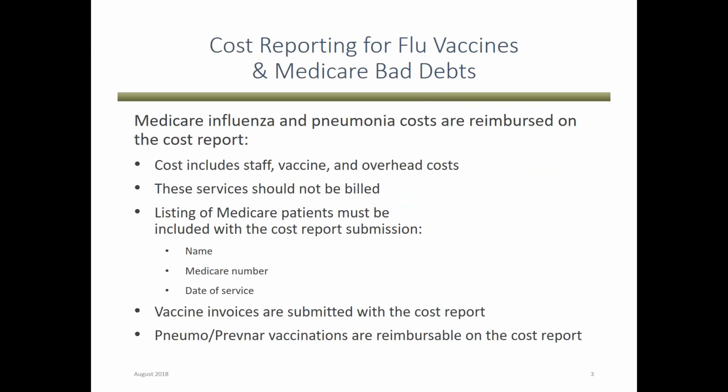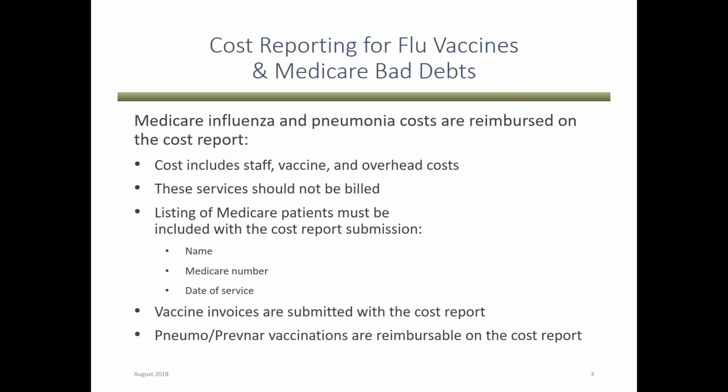These are then reimbursed on the cost report, and through the cost report, it will include staff, the cost of the vaccine, and overhead costs. Overhead costs would include syringes or any other expense for such supplies.